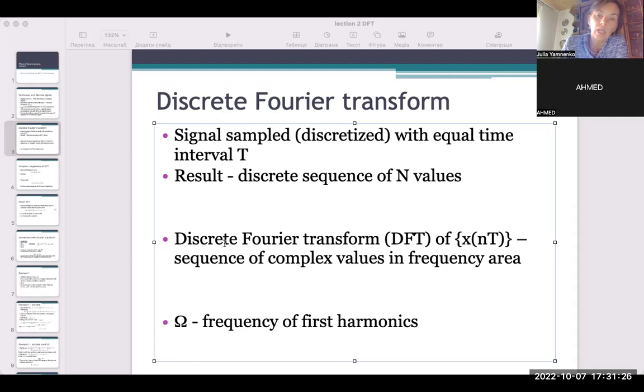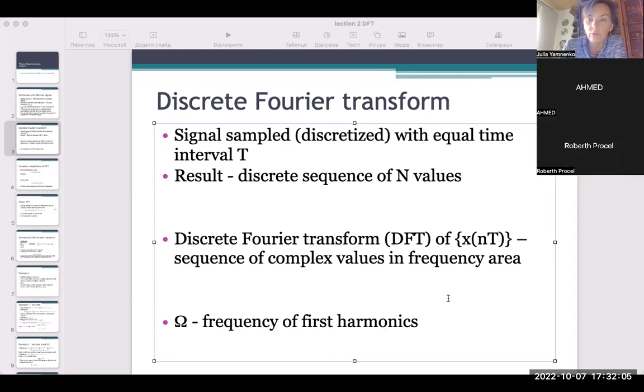Also, knowing these two components, we can calculate the module of the component of the Fourier spectrum, module X from k. It is the square root of the sum of squares of the real part and imaginary part, like always. And the phase shift can be calculated as the arctangent of the imaginary part divided by the real part. It's a very similar expression to the usual Fourier transform.